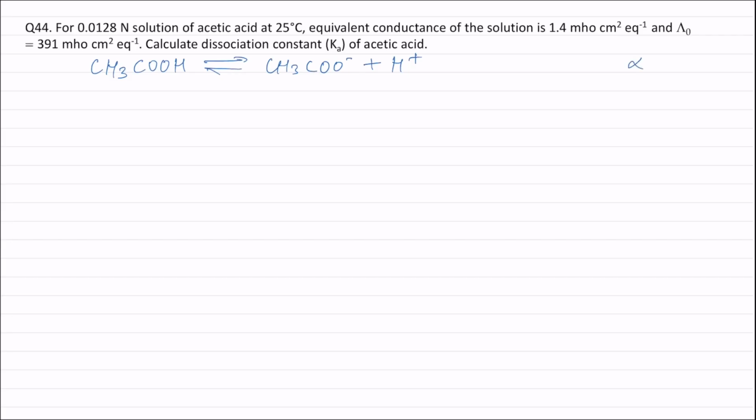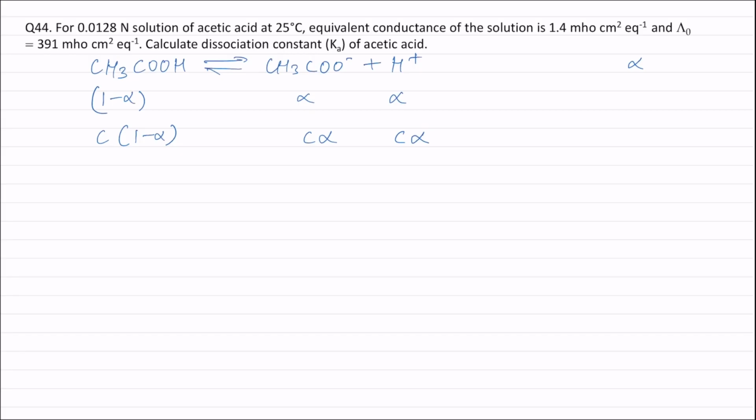Therefore, if initial concentration is 1, then after dissociation, the equilibrium concentration of acetic acid will be 1 minus alpha, acetate ion will be alpha, and H plus ion will also be alpha. Now, if the initial concentration is C, then the final concentrations become C into 1 minus alpha, C alpha, and C alpha.